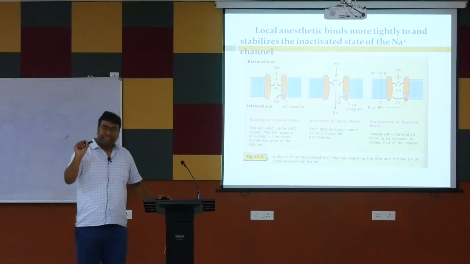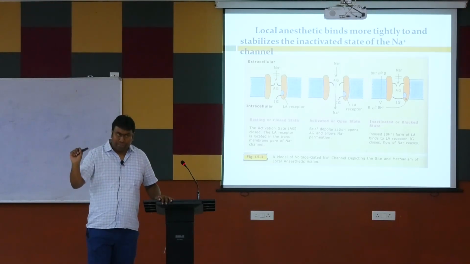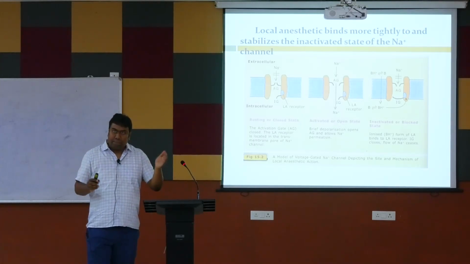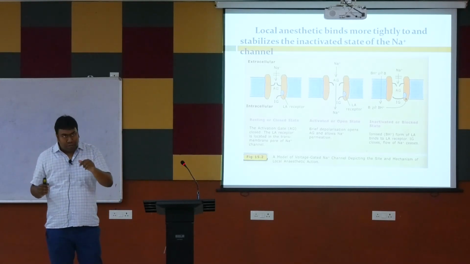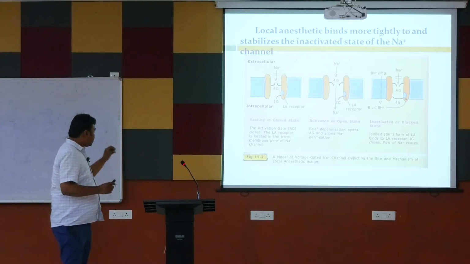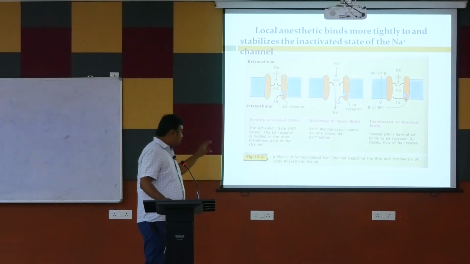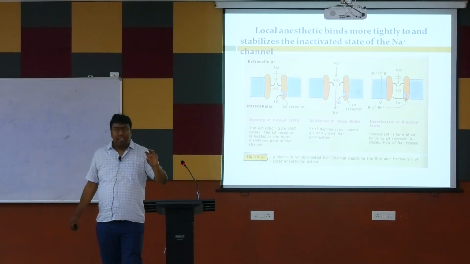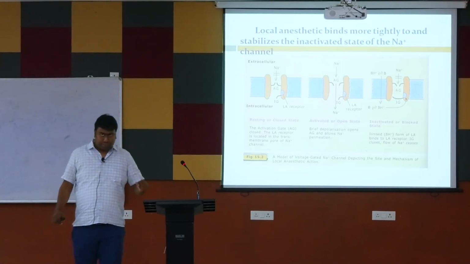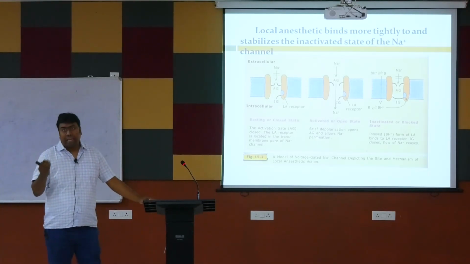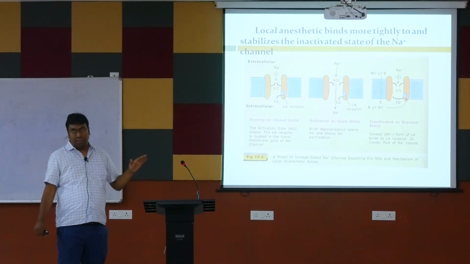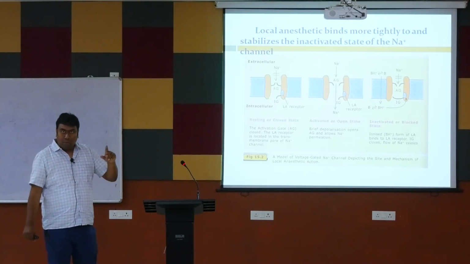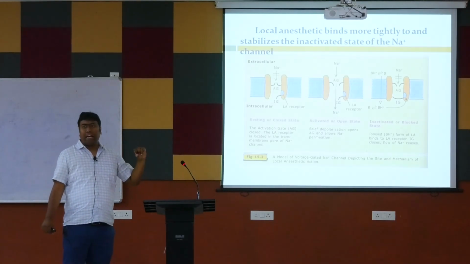So the mechanism of action of local anesthetic: first it penetrates the axon, and then it blocks the sodium channel, primarily the voltage gated sodium channel, at the inactivation gate, making it inactivated or blocked. Clear? There are two gates, one is the activation gate and another is the inactivation gate.